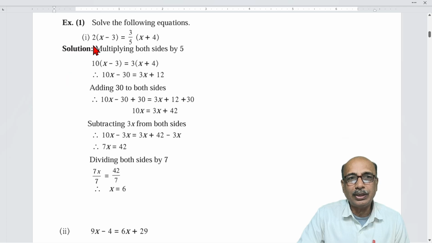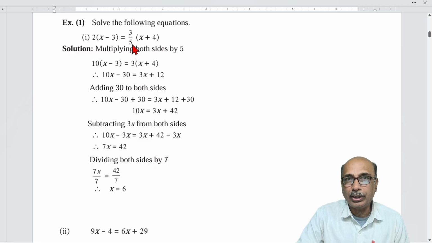For example, this is an equation given in one variable only. What is the variable here? X, correct. So all other terms are constant. You have to simplify this. Here the term is 2 into bracket x minus 3 equals 3 by 5 into bracket x plus 4.